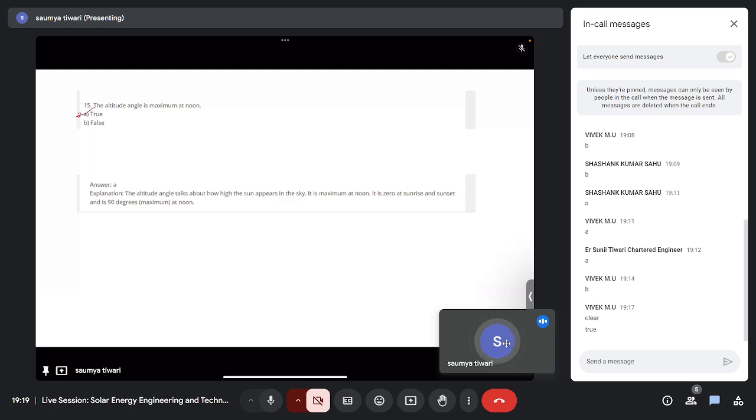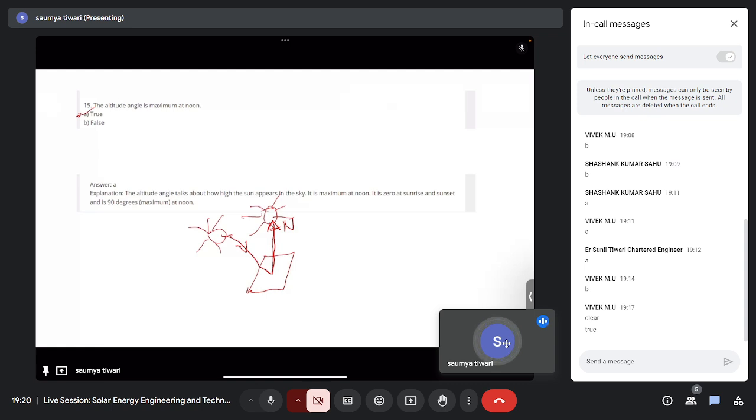As explained just now, this is your perpendicular to the surface, the normal. This is the incoming solar radiation, say. Now at noon, the sun is here, at the zenith point, right?